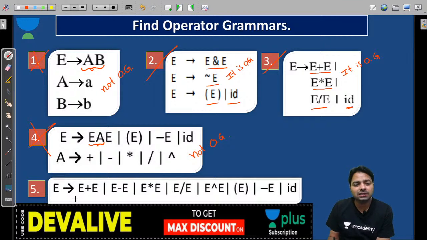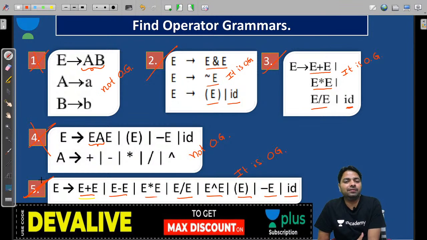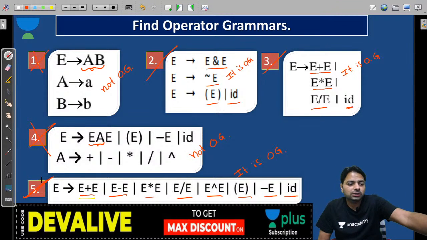You can see this is operator grammar, with no null production anywhere and no two consecutive non-terminals. So this is how you can identify which is operator grammar and which is not. Clear this point?